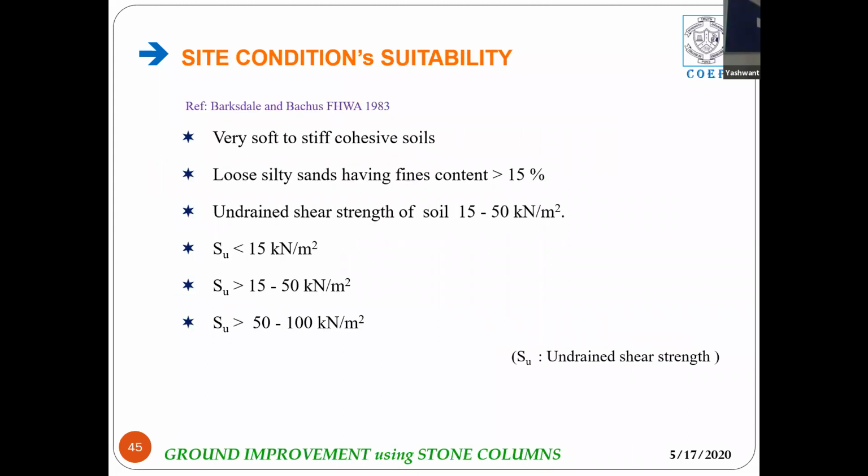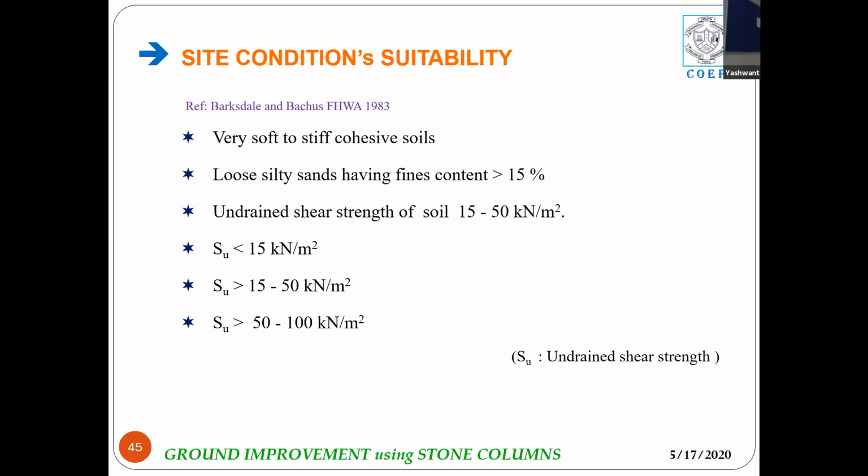Now these stone columns are suitable if the shear strength of the soil at the site is in the range of 15 to 50 kilonewton per meter square or kilopascals.